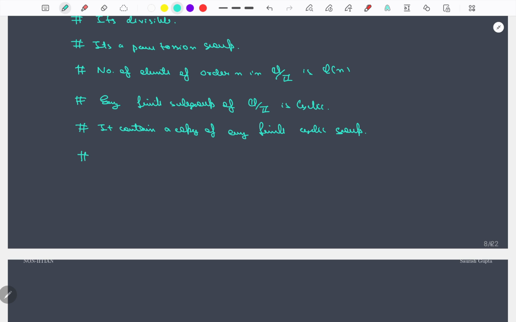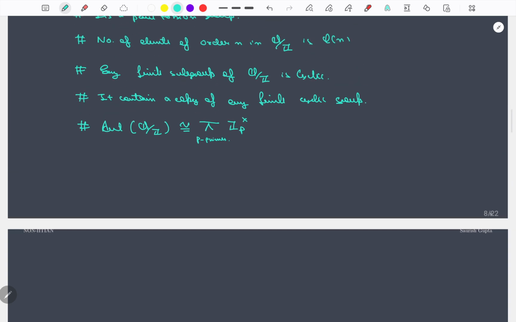Now the automorphism group of Q mod Z is highly non-trivial, so I won't be indulging in it a lot, but it's isomorphic to the product of the groups of units of Z_p, ranging over all primes p.